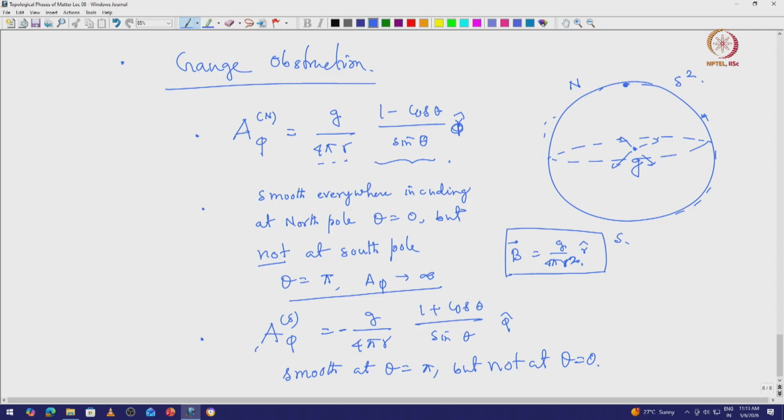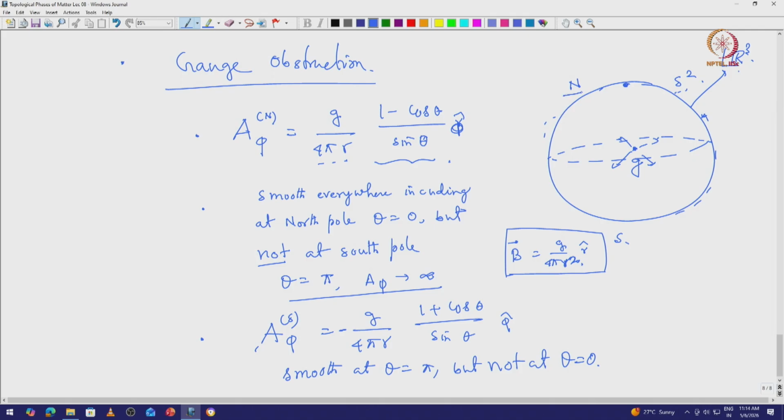So what it is telling us is that if I have a monopole, the space which I am now calling R3 or S2, it does not matter in this case, is actually a topological space, and it is a non-trivial topological space, because I really cannot define all points mapped to R3 smoothly. I need at least two different charts.